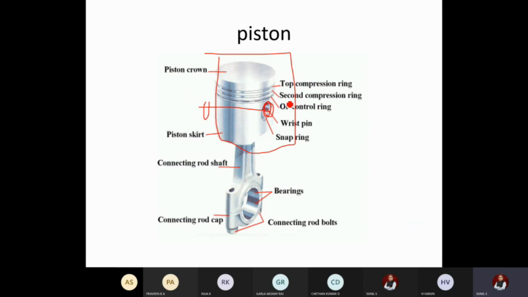It will be locked on both ends, so it will hold the connecting rod. Here we will have the cylinder pressure built up because of combustion. When this piston is moved in the downward direction, that force is transferred to the connecting rod. So this connecting rod and piston are connected by the gudgeon pin, also called the piston pin. Clear?